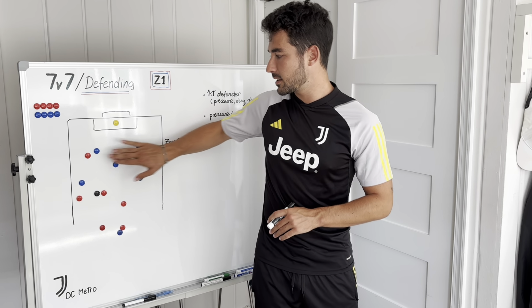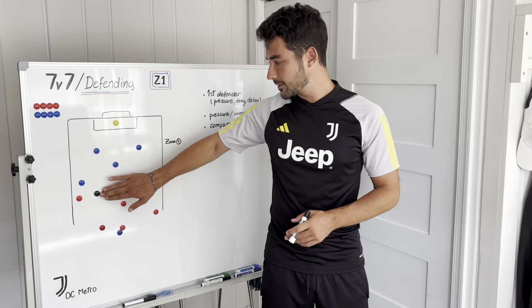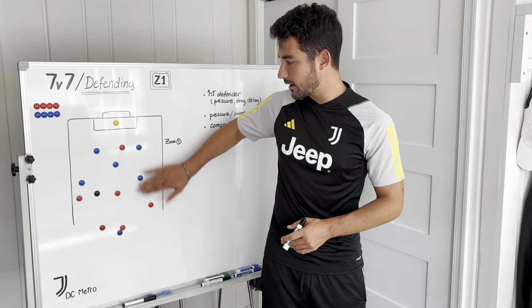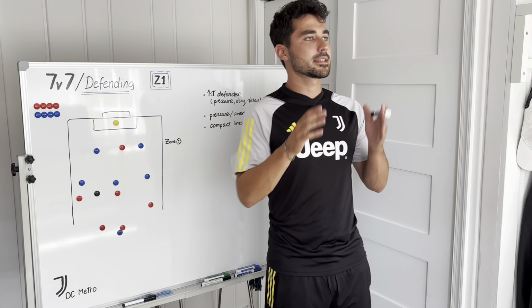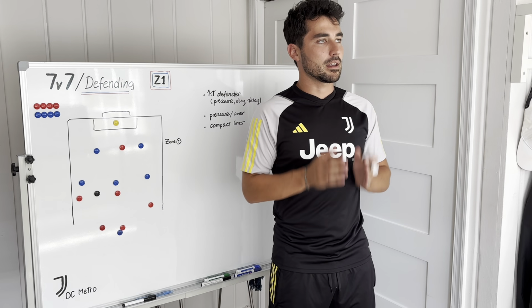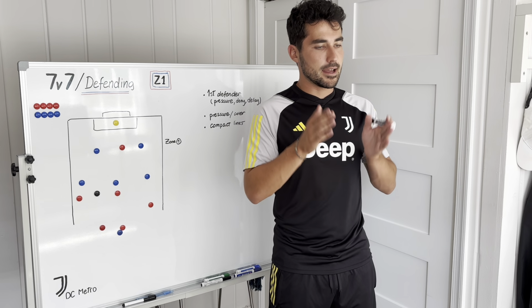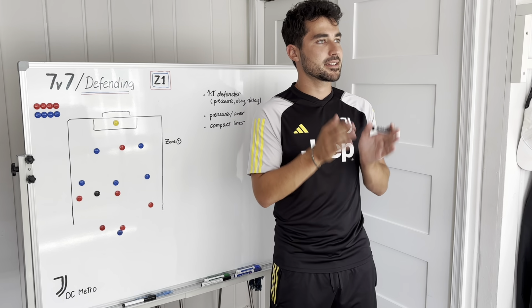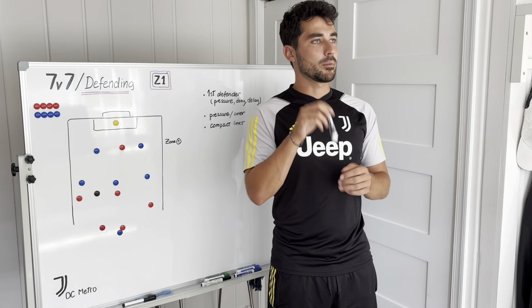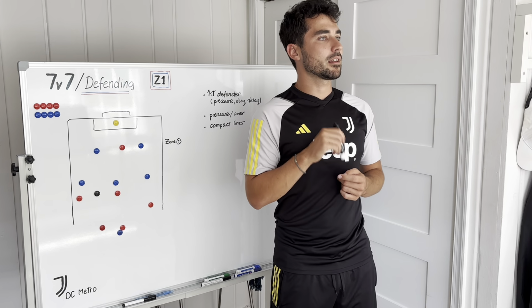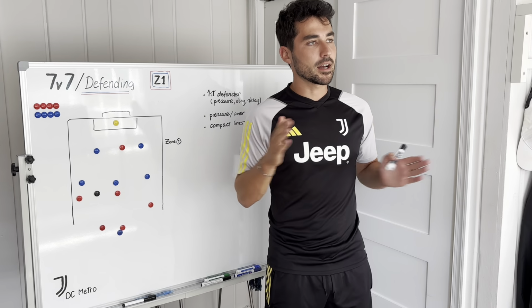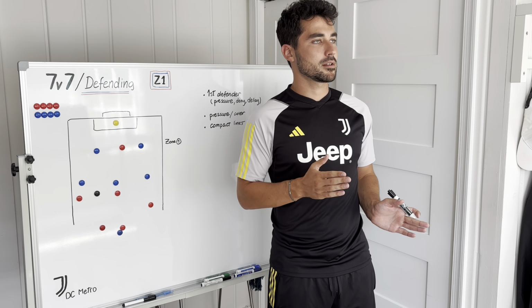One more concept that we want to highlight when it comes to defending in zone 1 is that we want to have our lines compact and we want to reduce the space in between the lines. When we defend, spaces in between the lines and spaces in between us can become dangerous.